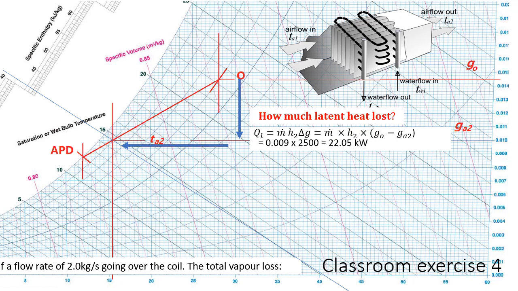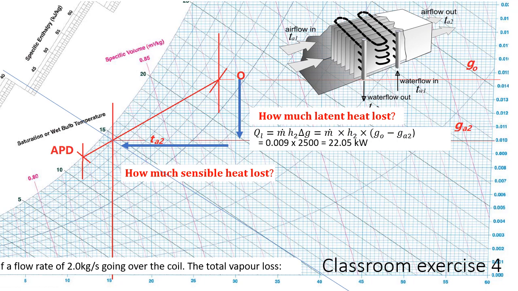Or you can say, from the cooling coil's point of view, the coil has taken away the moisture from the air, right? So how much latent heat? 22.05 kilowatt latent heat being taken away, or equivalent to that amount of heat of vapor being taken away.